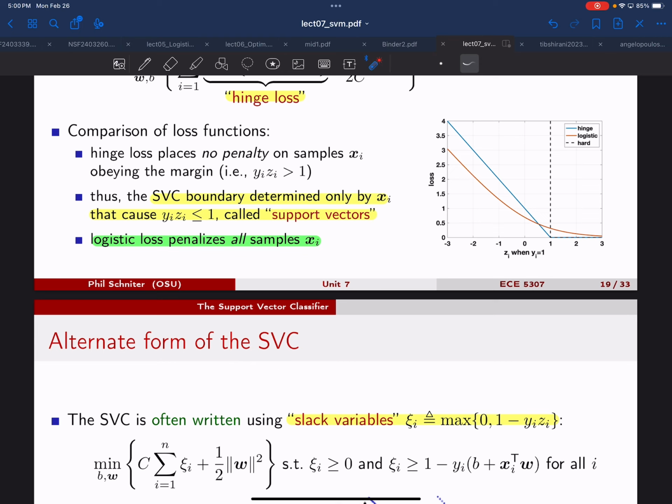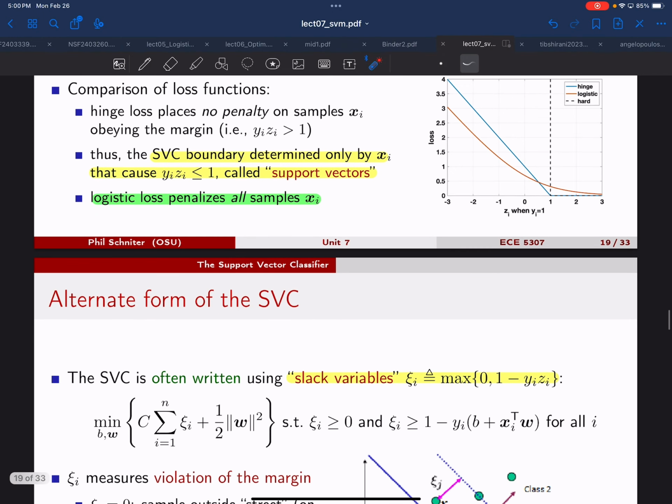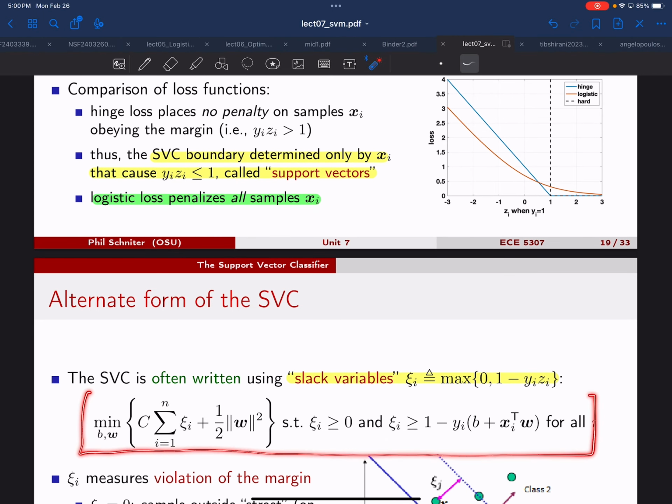It has to be larger than 0 and larger than this in all cases. So it does that by adding two constraints. One is a constraint greater than or equal to 0. The other is a constraint on this other thing, 1 minus y_i z_i. So it's just rewriting the problem in a slightly different form using these slack variables.